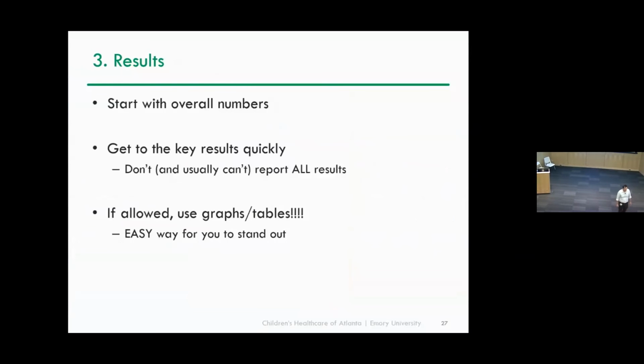All right, results. Always start with your overall numbers. I don't get into this here, but I see this a lot, especially in results. I should have mentioned this in the manuscript too. This is another reason you can go with the editing, the GEMS editing group. I see a lot of people start sentences with numbers. I know it makes sense and it sounds good, but different manuals of style say you shouldn't start sentences with numbers.